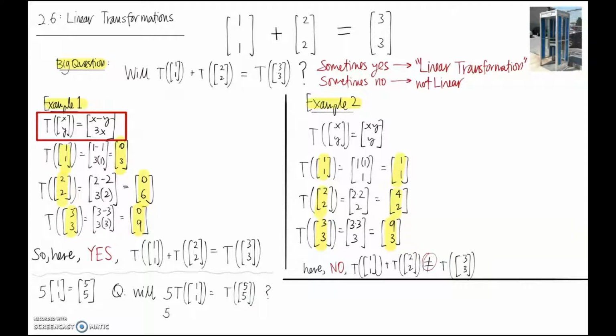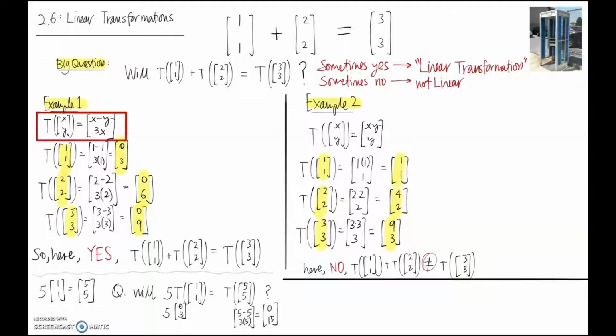So 5 times the transformed vector, we already found that was 0, 3. 5 times 0, 3 over here. And then the transformation of 5, 5 will be 5 minus 5 times 3 times 5. And that's 0, 15.